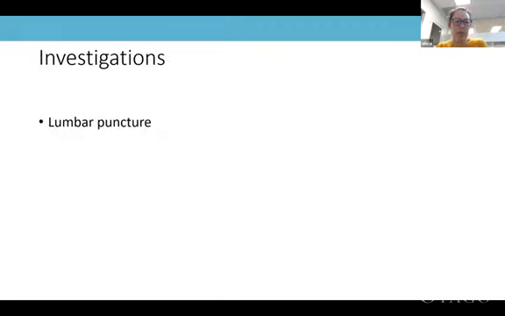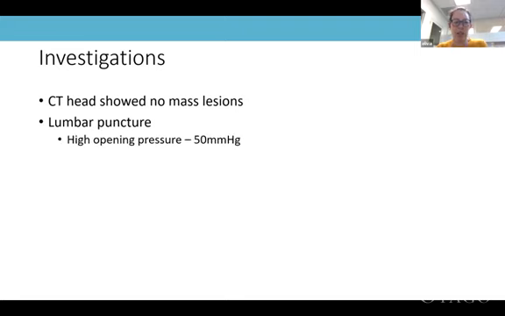So, fever, headaches, vomiting. Generally, you're worried about meningitis. So he has a lumbar puncture. Oh, for some reason that came out first. So the first thing he had was a CT head, which didn't show any mass lesions. And then he proceeded to have a lumbar puncture. And he had a really high opening pressure of 50 millimeters mercury.